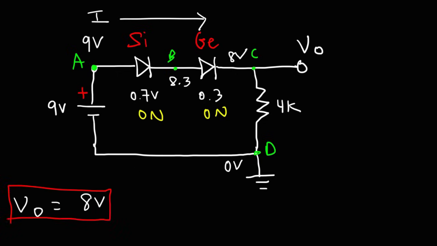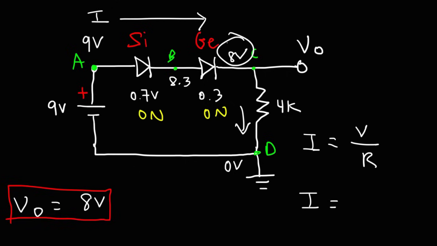So now that we have that, we can calculate the current flowing through the resistor. The current is going to be the voltage across the resistor divided by the resistance. So the voltage across the resistor is the difference between the potentials at point C and D. So we have a potential difference of 8 volts. The resistance is 4 kilo ohms.